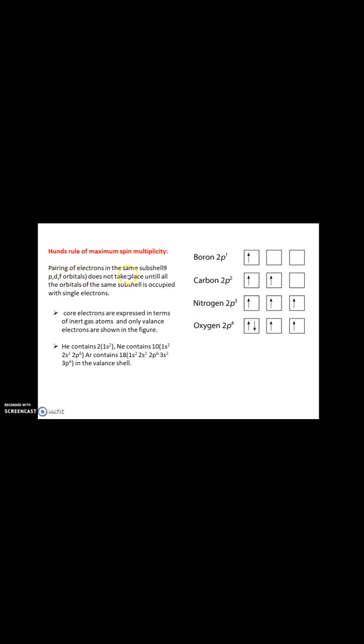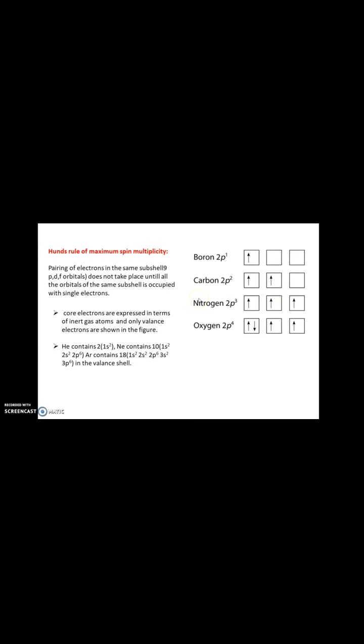So electrons are going to be filled in such a way that firstly all the orbitals will be filled with a single electron each. Single electrons will be filled. When all the orbitals are filled with single electrons, then if more electrons are present, the electrons will be paired up. Otherwise not.